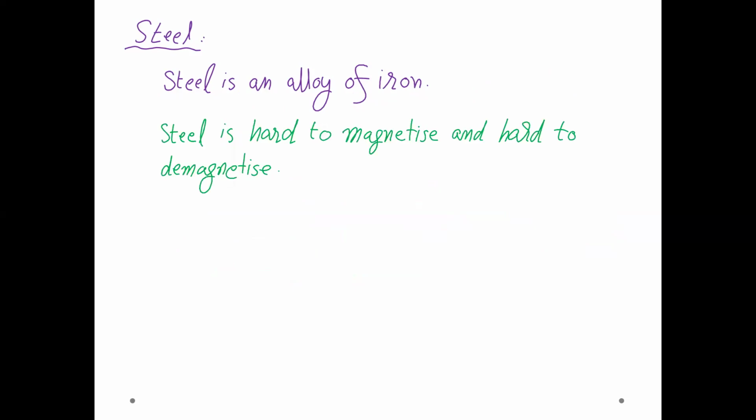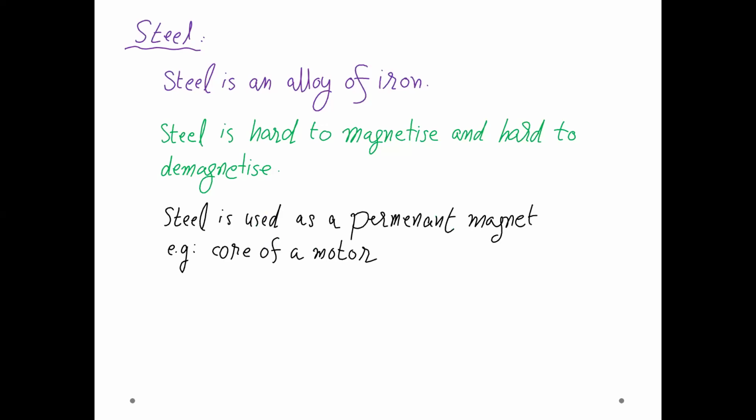Steel is an alloy of iron, and steel is hard to magnetize and hard to demagnetize. So when you need a permanent magnet, like inside our motors and generators, there are permanent magnets like the door catchers, like the steel needle inside a magnetic compass. We need a permanent magnet. So this is where steel is used. You have to copy the last two lines.